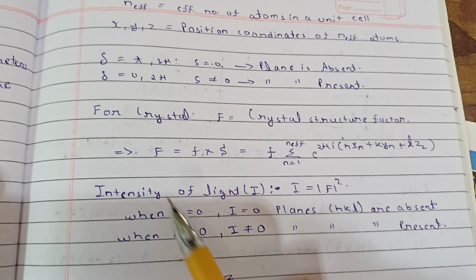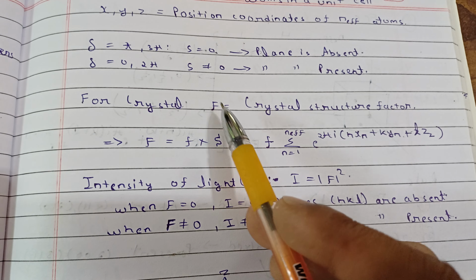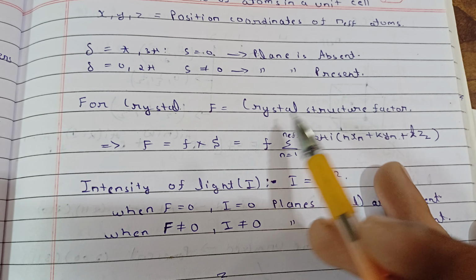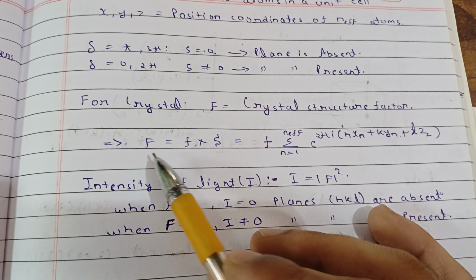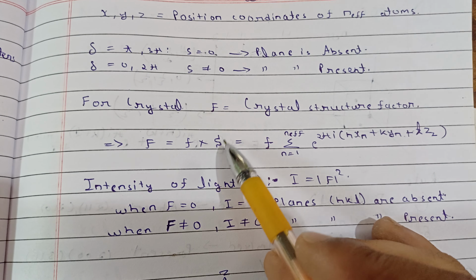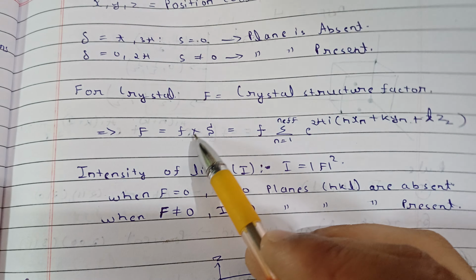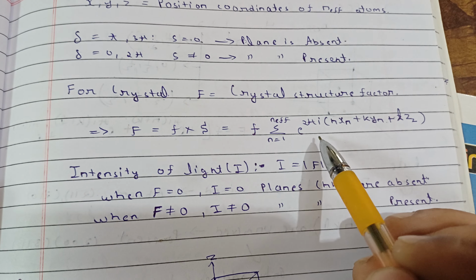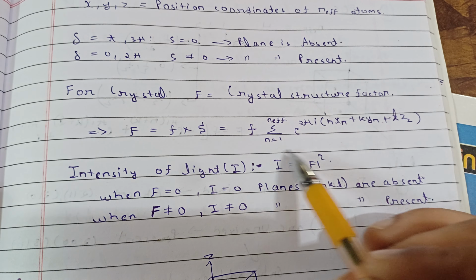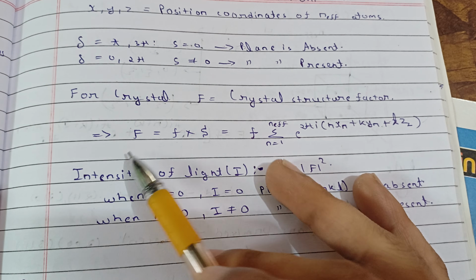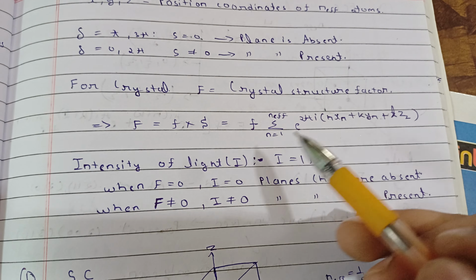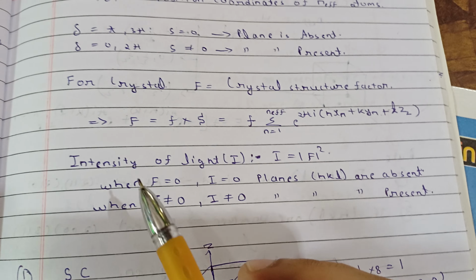Okay. So for the crystal, this capital F, that was small f, this is capital F. This is called the crystal structure factor, and it is equal to this small f multiplied by the sum of e to the power 2 pi iota. I already gave you this expression. So F is the product of these. Now see what the intensity will be.